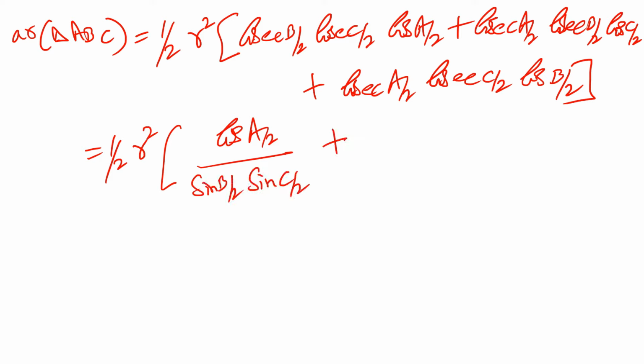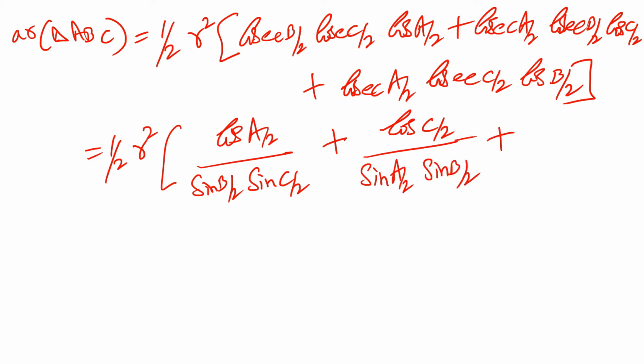plus cos of C by 2 divided upon sine of A by 2 into sine of B by 2, and similarly the third term can be written as cos of B by 2 divided upon sine A by 2 into sine C by 2.